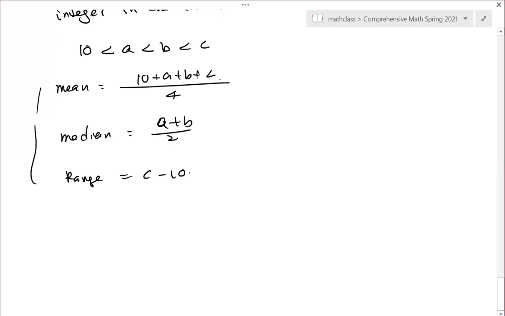Okay, let's see how we solve this problem. By assumption, the mean, median and range are all equal. So 10 plus A plus B plus C divided by 4 equals the median, A plus B divided by 2, which equals C minus 10.